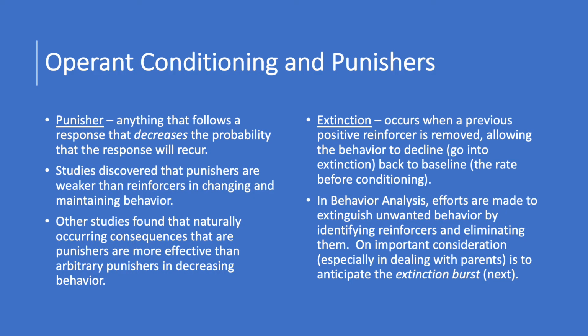So when trying to affect behavior, that is, decrease the frequency of a behavior or get rid of an unwanted behavior, there are really two ways to do that. One is to punish the behavior, so provide some kind of negative consequence of the response. The more effective way is to allow a naturally occurring punisher.